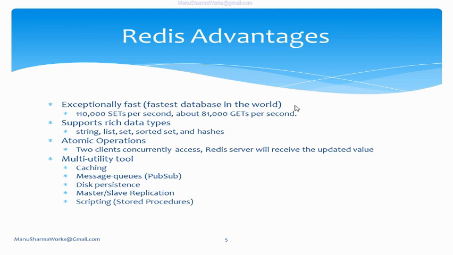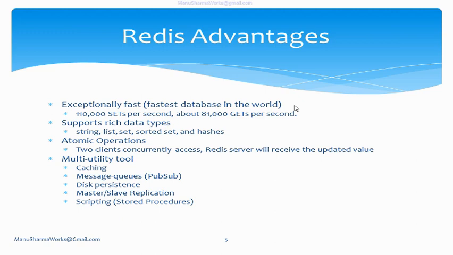It also has atomic operations. If multiple clients are concurrently accessing it and one client saves some information, the same information is available to the other clients also, so there is no concept of dirty read. The Redis database can be used as a caching tool. It can be used as a messaging queue, similar to the PubSub concept, where one publisher pushes data to the queue, and other subscribers of the queue get an alert or notification about new data coming into the queue.